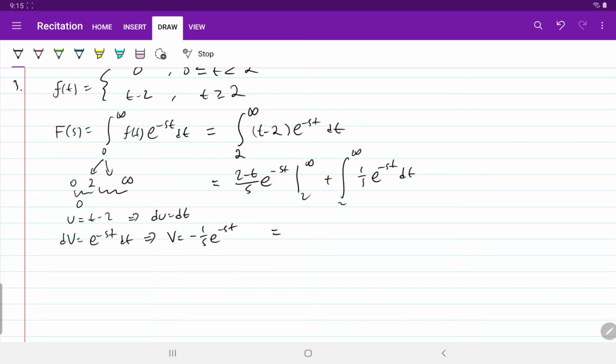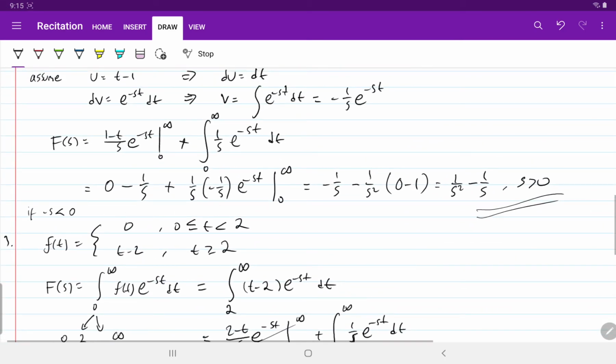Again, assuming minus s is negative, or s is positive, as t goes to infinity this term goes to 0. Then when we substitute 2 there, we have 0, because 2 minus 2 is 0, so this term is gone. And then we just need to evaluate this integral.